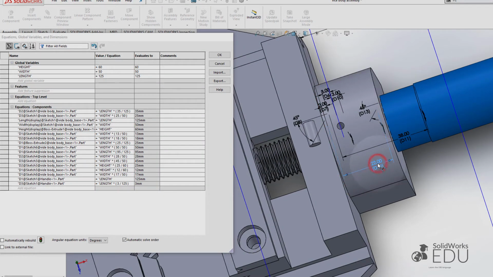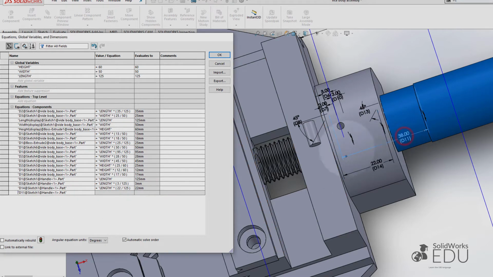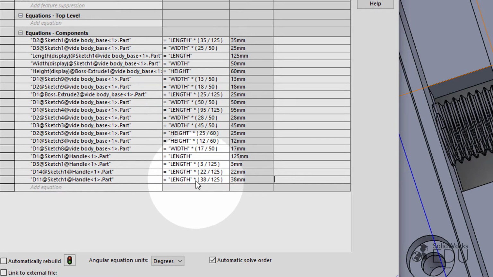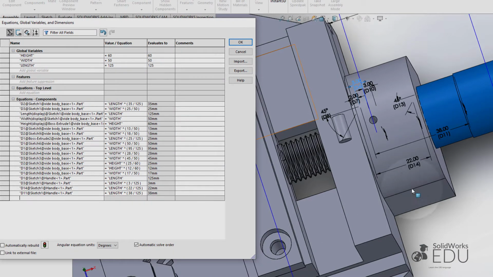Select this dimension here. Let's move to the next one.